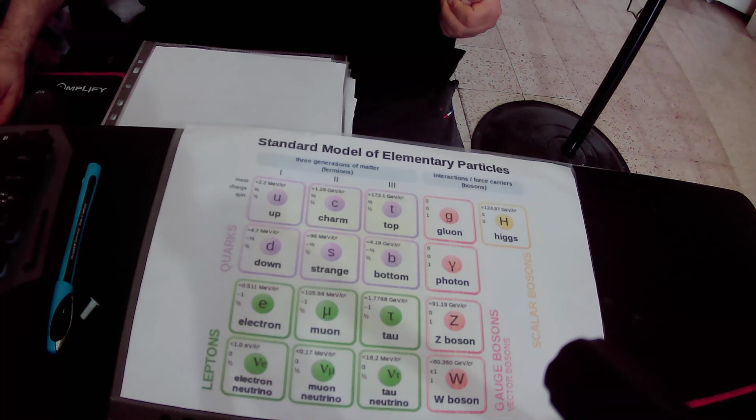So in total we have 17 elementary particles and 17 elementary antiparticles.